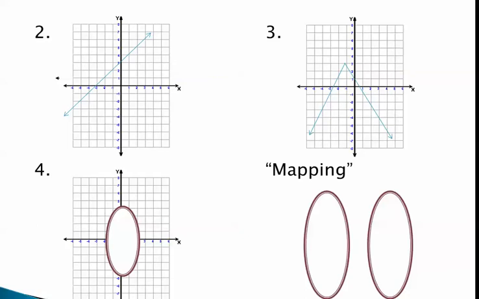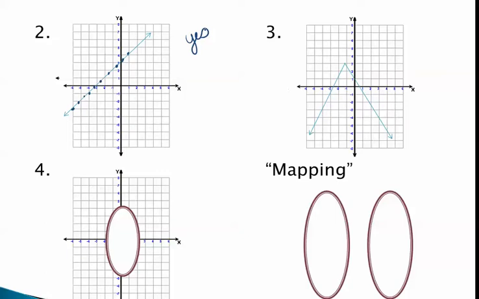Still asking the same questions, let's take a look at number 2. Number 2, we have a linear line with a positive slope, and I want to know if it's a function. Well, if you look at it, each value of x goes to exactly one y. So yes, this is a function.